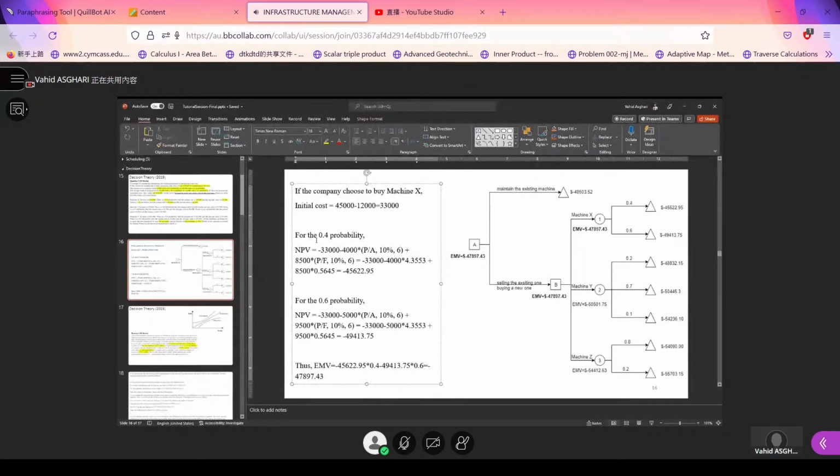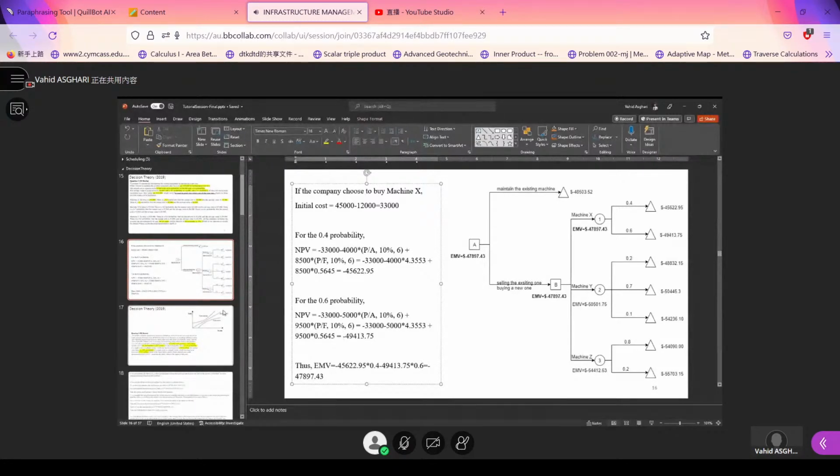For the 0.4 probability, we find the cash flow: the initial cost, the annual cost, and the salvage value. For the 0.6 probability, again 33K initial cost, annual costs, and then a salvage value. And finally, you need to find the expected value of it.